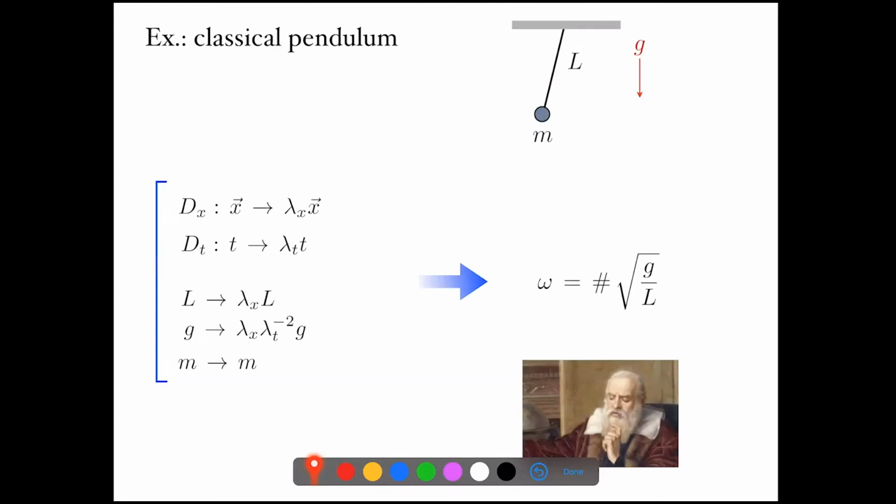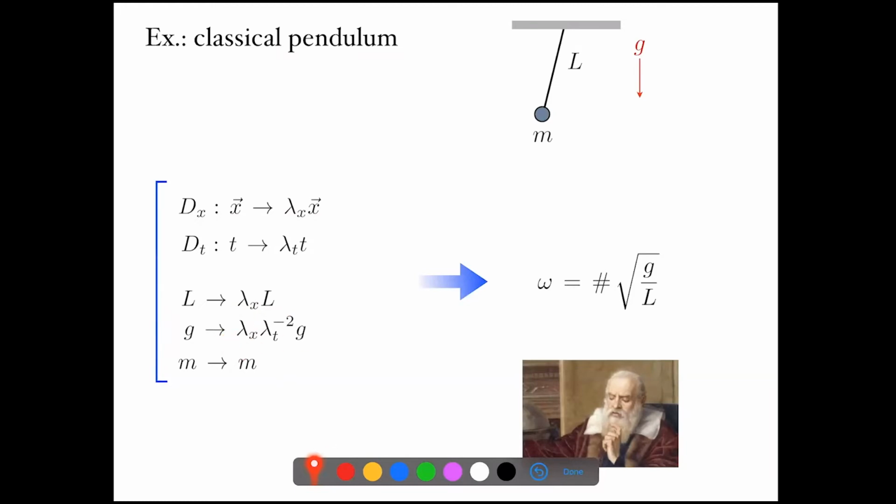But now, if you consider this L and g as dynamical parameters, you can assign them transformations. In fact, g is a dynamical parameter. It's coming from the metric. If you consider them as dynamical parameters, you can rescale them in the proper way and make the action invariant. And the rescaling is what you would expect. You rescale the length of the pendulum precisely as you rescale coordinates, and you rescale the acceleration very much like the acceleration is length over time squared.